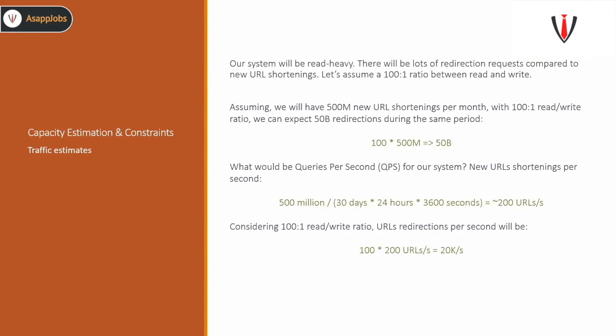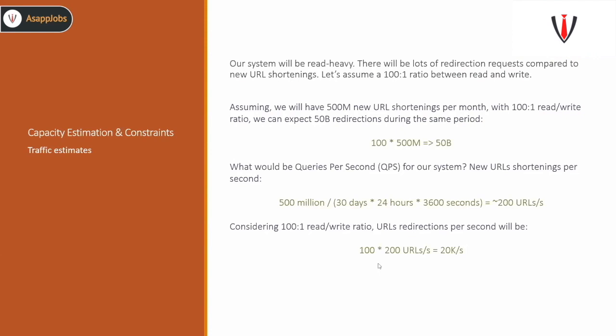It's good to know, because your systems are going to have some constraints, and they should fit the problem you're trying to solve. Considering the same 100:1 read-write ratio, the number of redirections is going to be 200 times 100. Is everyone with me till now? I'm going to talk more about constraints, but I want to make sure everyone is following. Yes, yes.